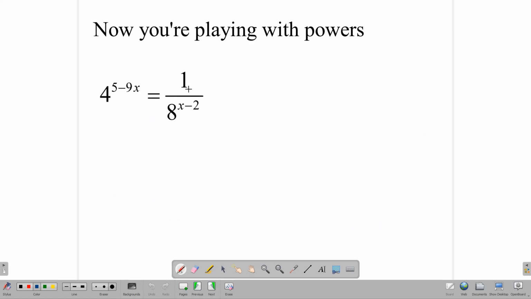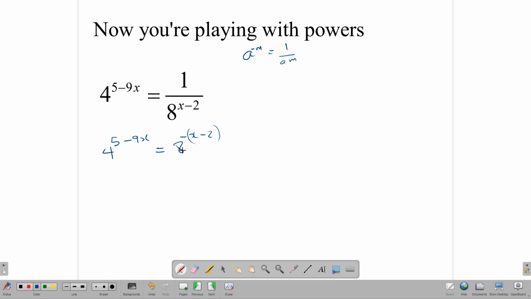Now notice first that we have 1 over 8 raised to the x minus 2. And remember that a to the minus m is equal to 1 over a to the m. So we can rewrite this first by saying 4 to the 5 minus 9x is equal to 8 to the negative x minus 2. All right.